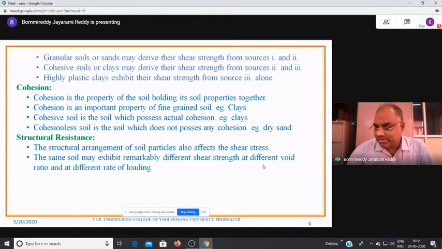You can look at granular soils or sands. The frictional strength of the granular soils or sands may be from the first two. What are the first two? We can look at the previous slide.